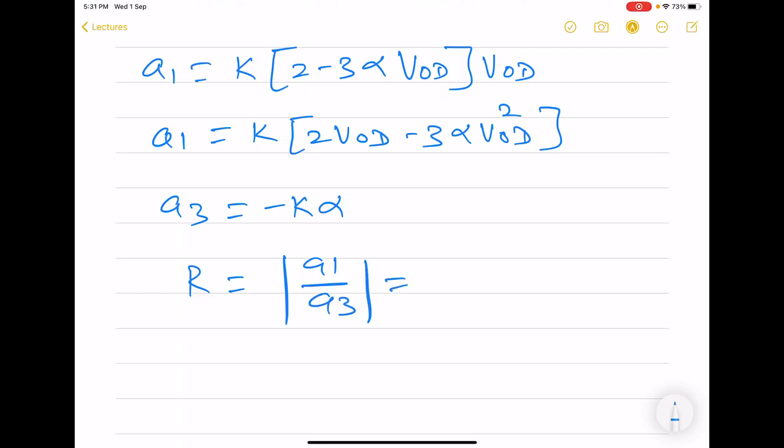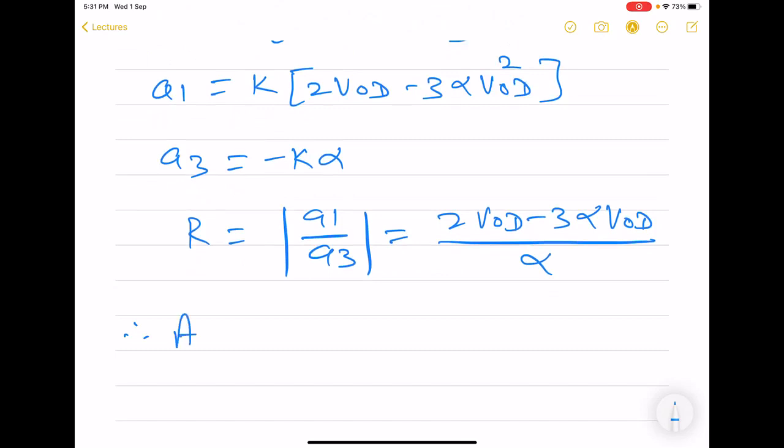So when we do this, what we get is 2 VOD minus 3 alpha VOD divided by alpha. So K cancels out and minus sign gets cancelled because of the magnitude.